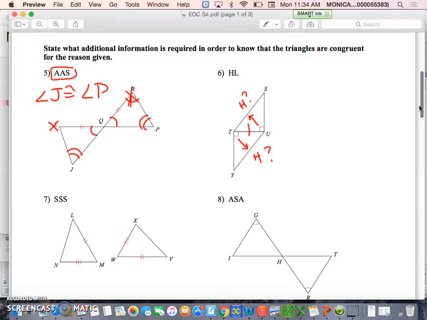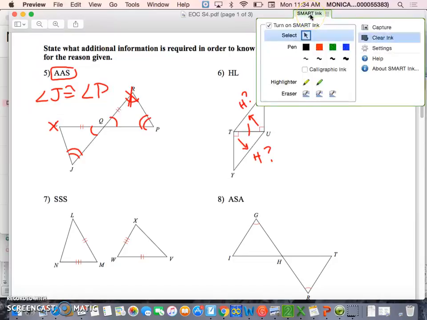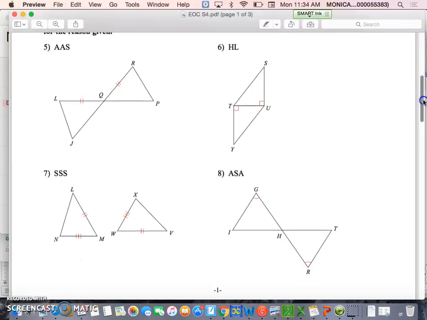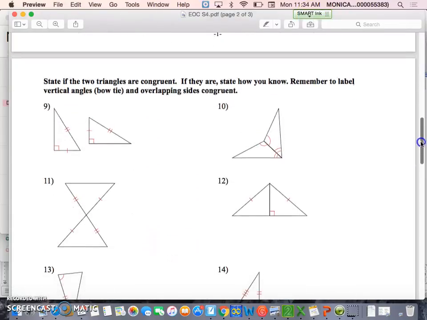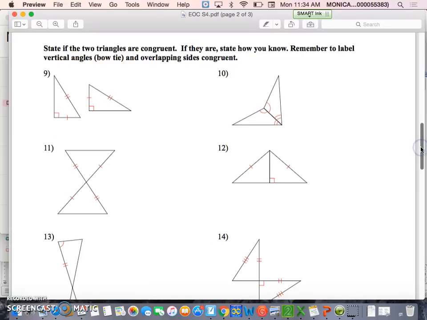On the back, this is where you just have to state the theorem or postulate that proves that they're congruent. And so don't forget about the bow tie, vertical angles, and overlapping sides are congruent. So if we look at number 9 here, we have a right triangle, and so the hypotenuse is here, and the hypotenuse is here, so that has to be congruent.